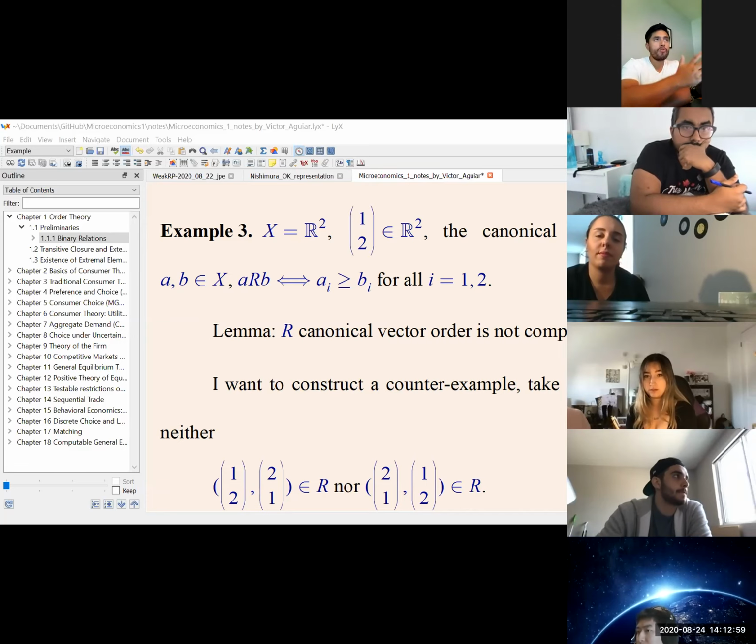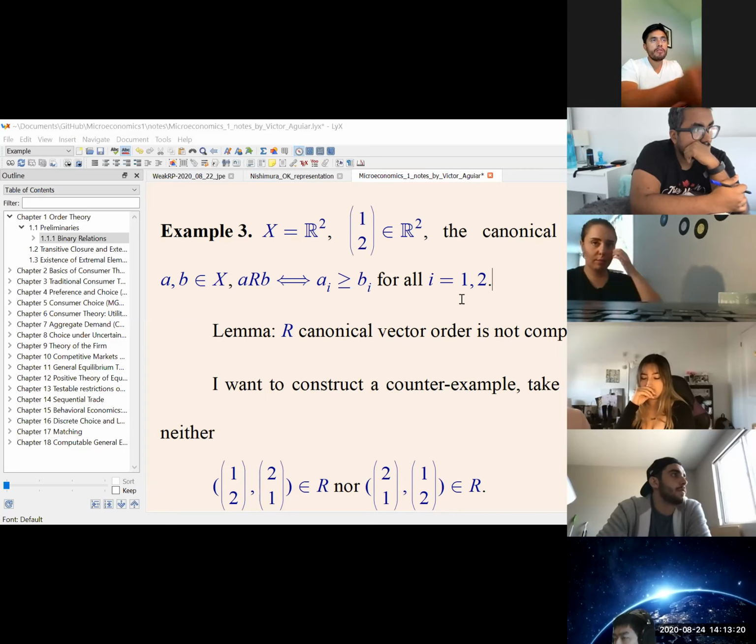So what do you want to show? I'm going to help you. What is the statement you want to show? You want to say that this ranking, defined entry by entry as greater than or equal to the other entry, is transitive. So what is transitivity? The premise of transitivity is that two things happen.